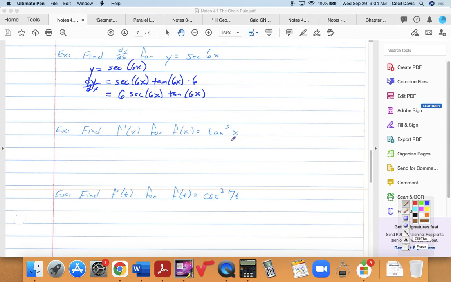Then remember that for one like this, how can we rewrite that so that it's in composite form? Oh, before we're taking the derivative, we're just rewriting it.